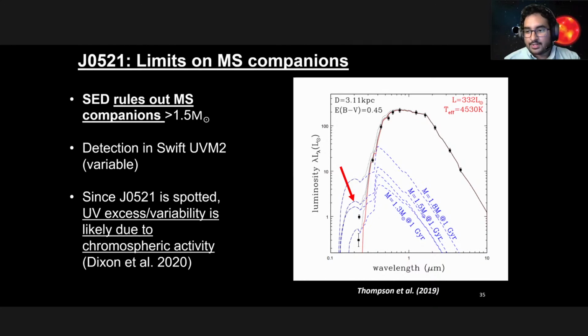Time series measurements in this filter showed that the giant varied in the ultraviolet. However, we know that the giant is spotted. Spotted stars are chromospherically active, and recent work has shown that UV excesses are expected from active spotted giants. So the most likely explanation for this UV excess is chromospheric activity from the giant.